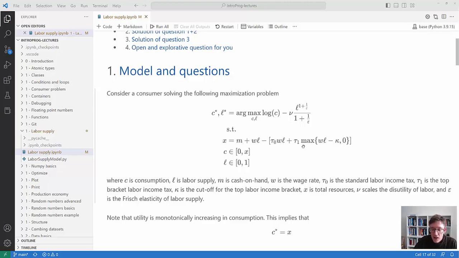So this is a top bracket labor income tax. Labor supply has to be between 0 and 1.